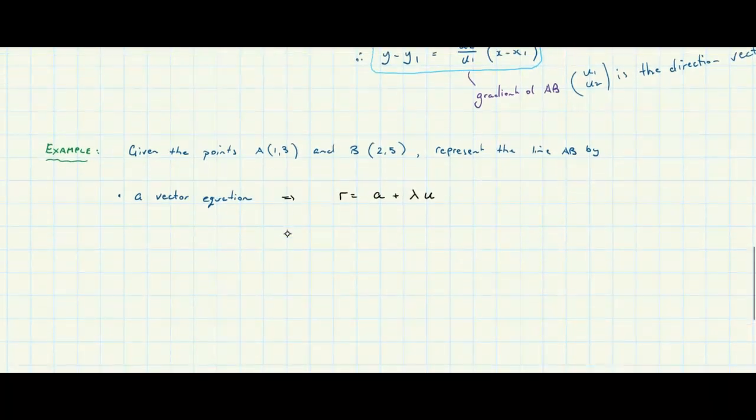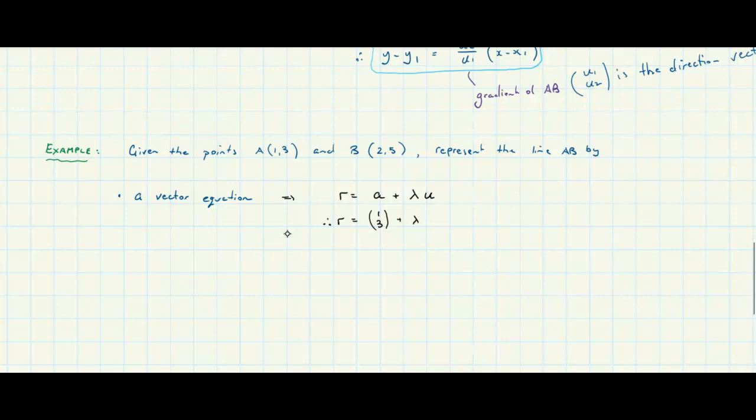So our vector equation looks precisely like this, except we're just going to rewrite it so that A is our fixed point, (1, 3). R is our general point; A is our fixed point, the position of point A. We could use B, but we generally just use A. Lambda is what we call our scalar, and u is our direction vector.